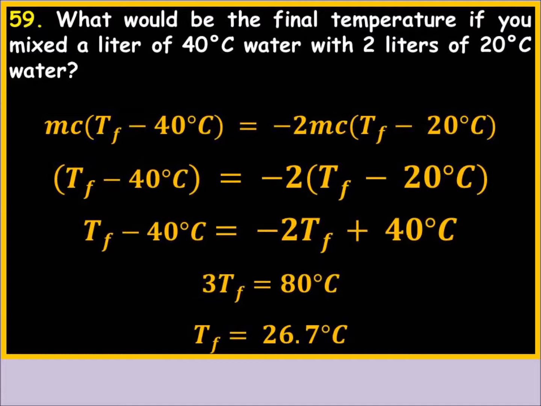Same idea. Look on the right, it's going to be 2MC, and the M's and the C's cancel. Don't forget that additive inverse there. And you come down to 26.7 degrees Celsius.